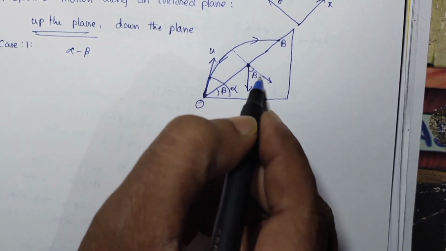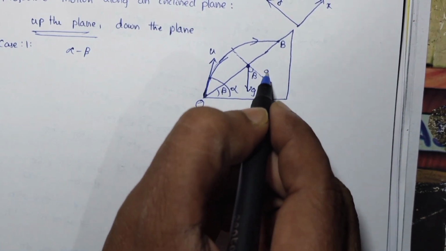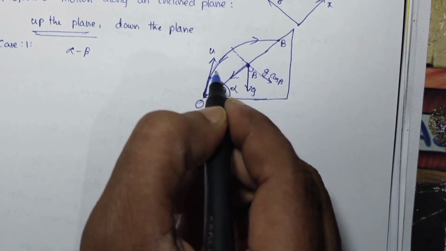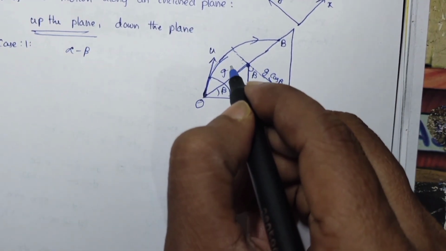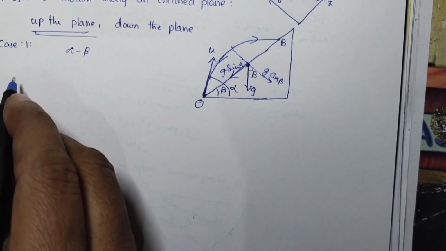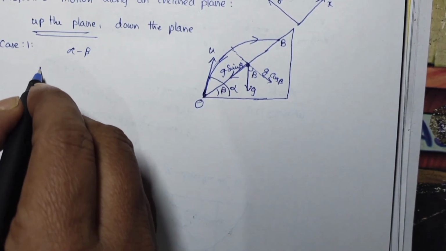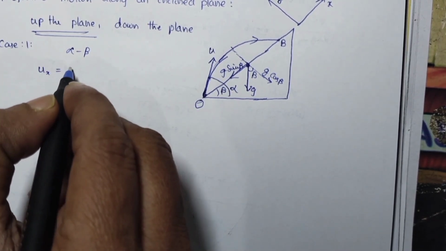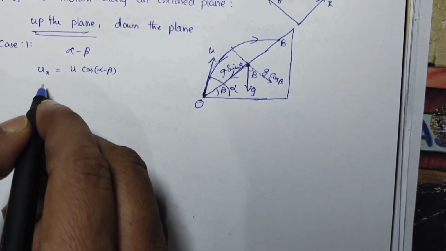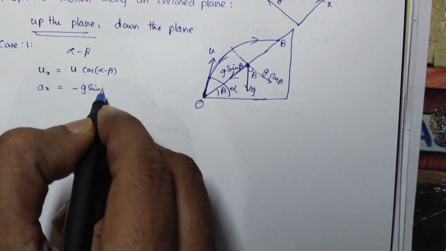So in this direction the component of g is g cos beta, and along the plane g sin beta. Acceleration is working. So in the x direction, the velocity of the particle is ux equal to u cos(alpha minus beta), and ax is equal to minus g sin beta.